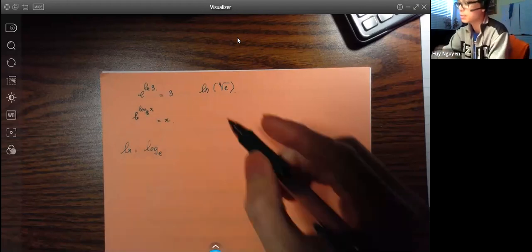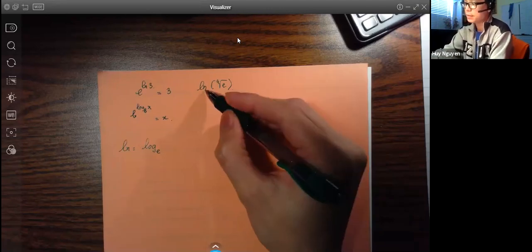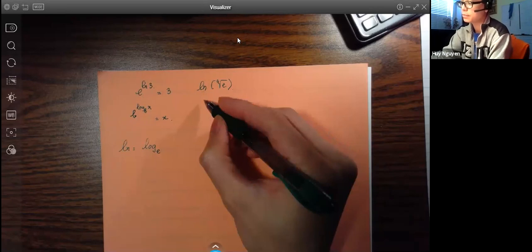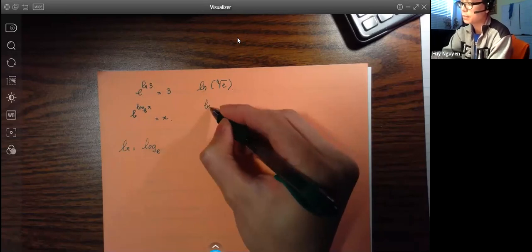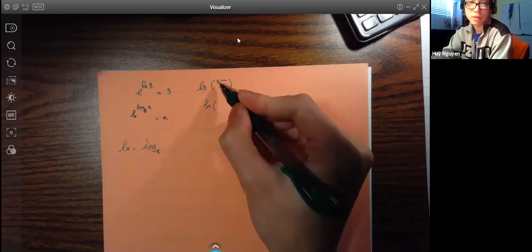All right. How about this one? Same thing. This is log base e. But before doing that, I need to play with it a little bit. This is a radical number.